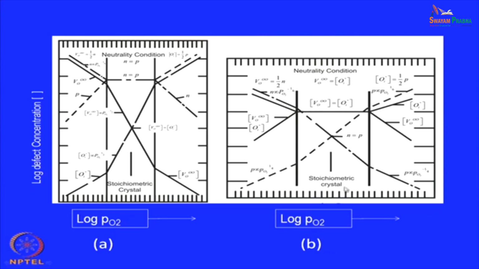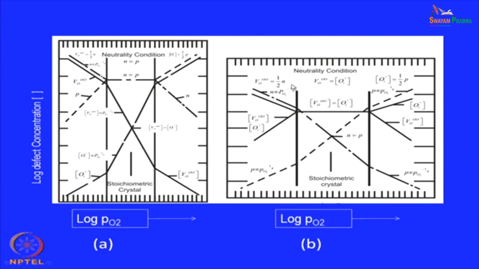So, we have not given here any particular value of PO2. Okay. So, that is also variable from material to material. In some cases the material will behave in this manner or fall in this range, and another material will fall in that range. So, there are oxides which are normally ionic conductors, and they follow this kind of situation.